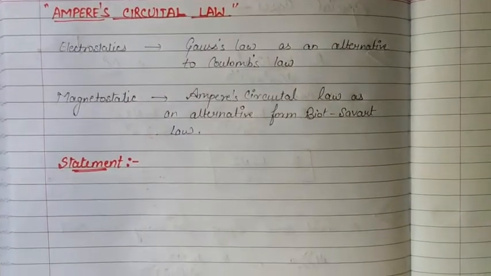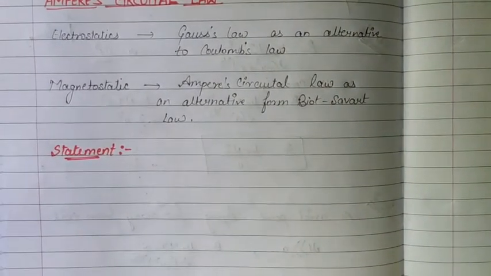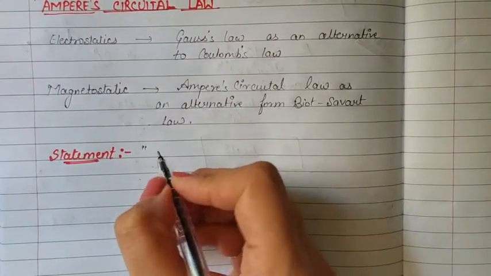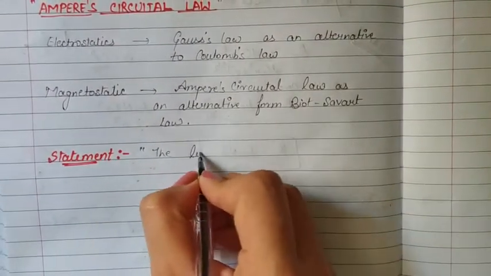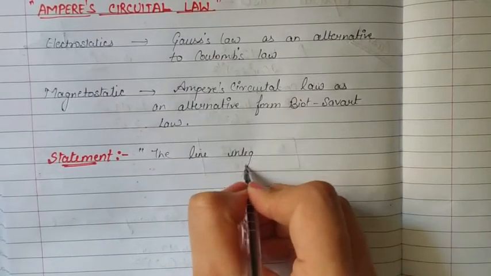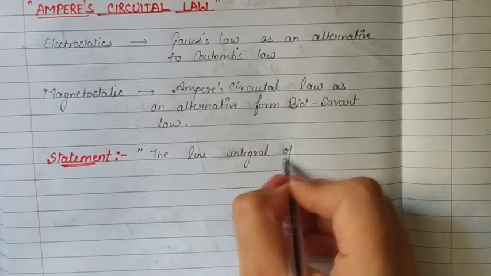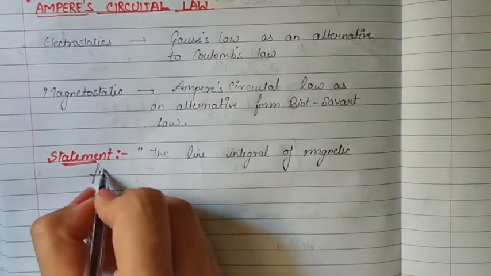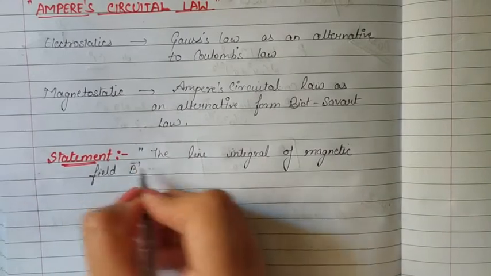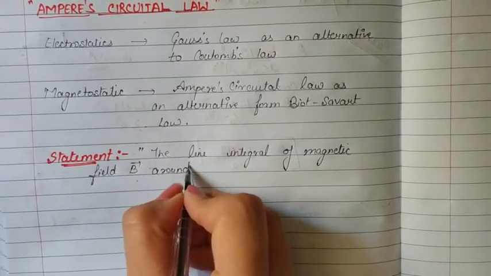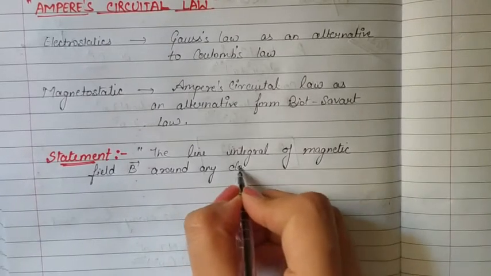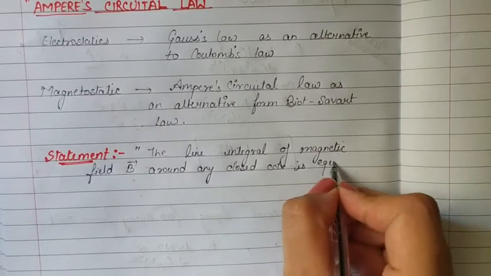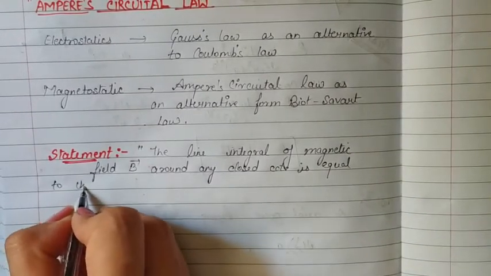So Ampere Circuital law states that the line integral of the magnetic field capital B vector around any closed circuit is equal to mu naught.